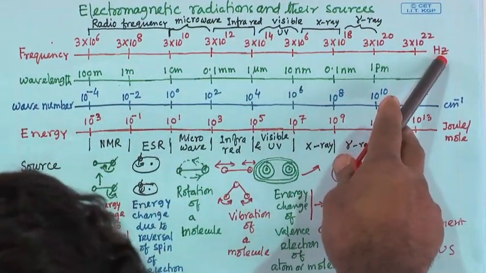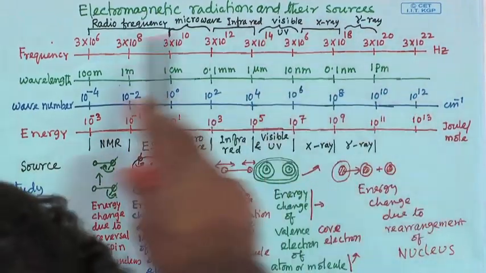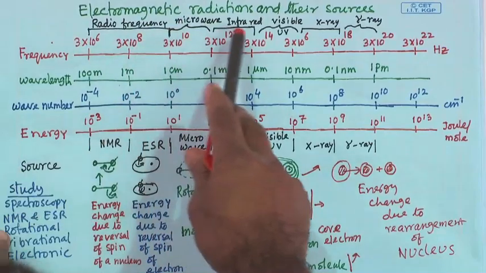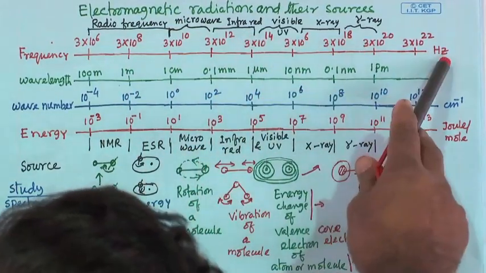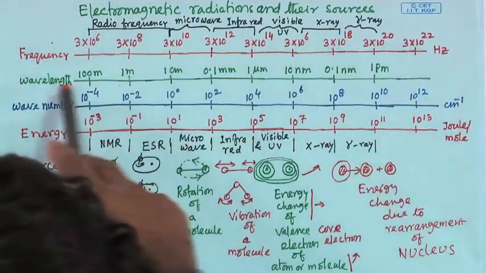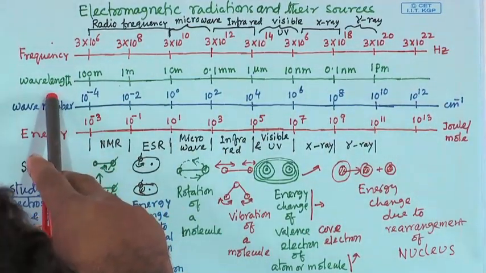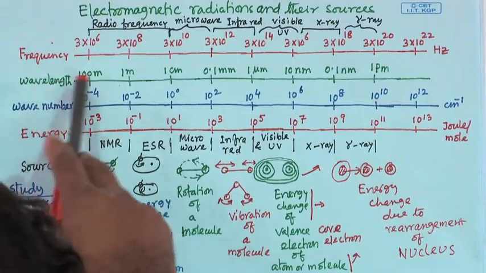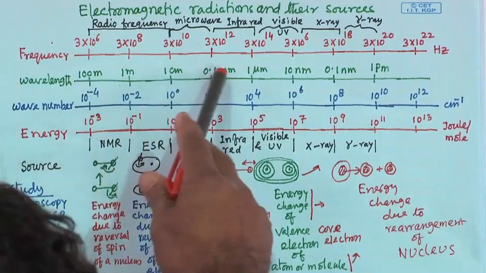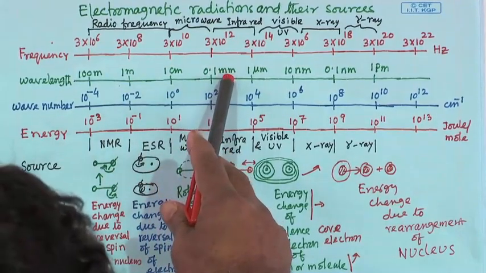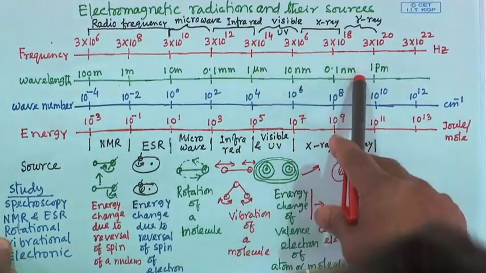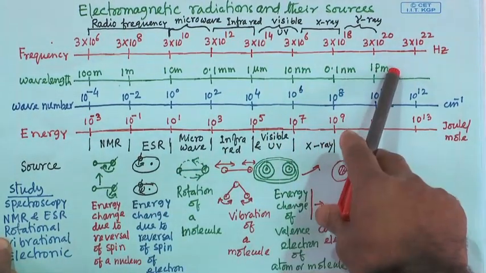So, it is in hertz: 3 into 10 to the power 6, 10 to the power 8, 10 to the power 12. Okay. So, this is the frequency scale. Next, just below this, the wavelength scale: 100 meter, 1 meter, 1 centimeter, 0.1 millimeter, 1 micrometer, 10 nanometer, 0.1 nanometer, and this is 1 picometer.